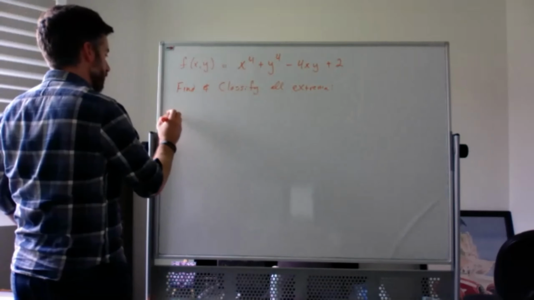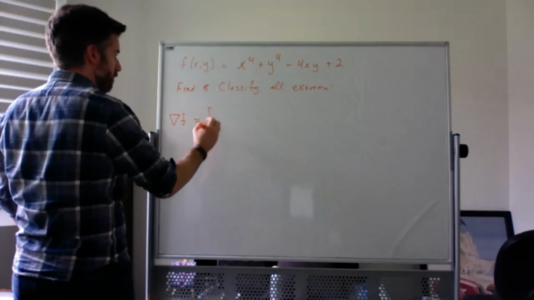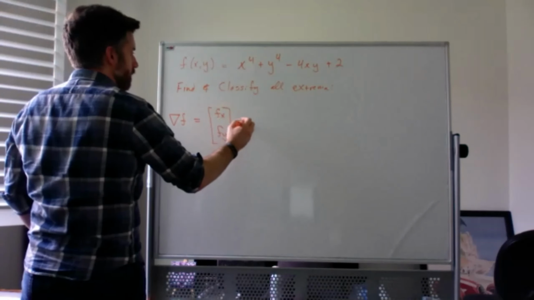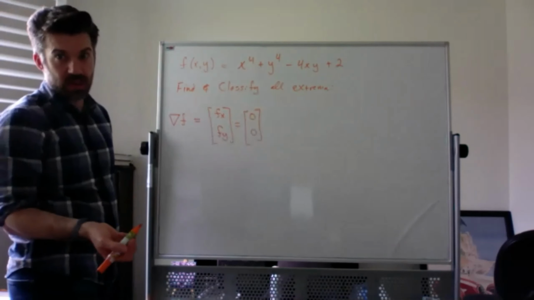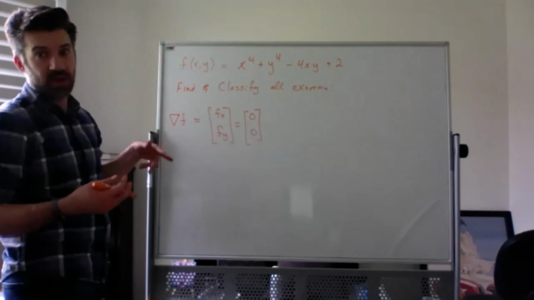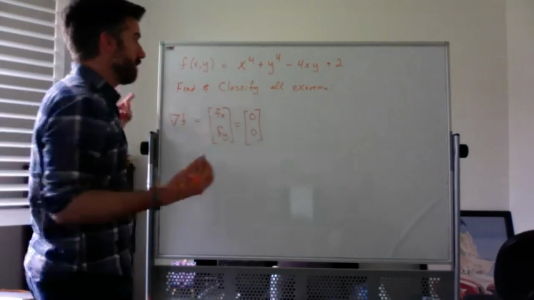If you're setting del f equal to 0, you're really setting the partials f_x and f_y equal to 0 each. That's literally the equation we were doing last time: set f_x equal to 0, set f_y equal to 0, and find the solutions to both of them at the same time.